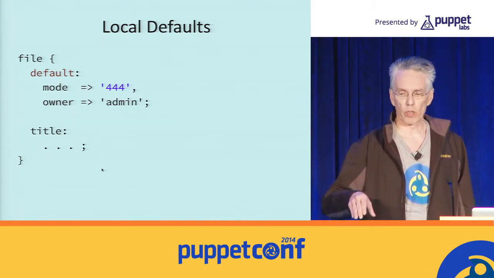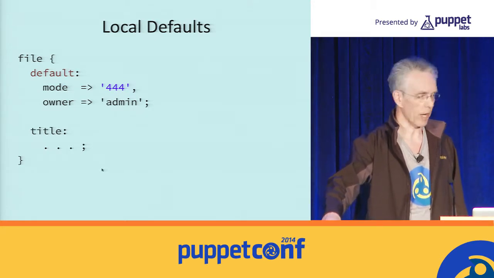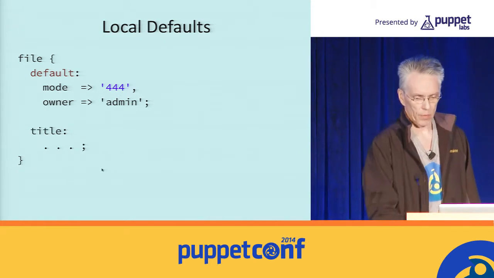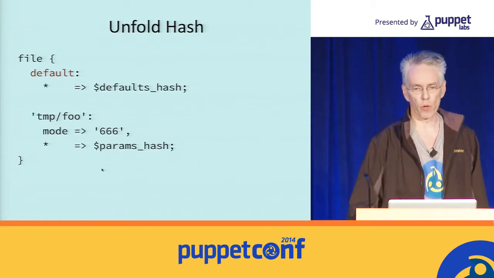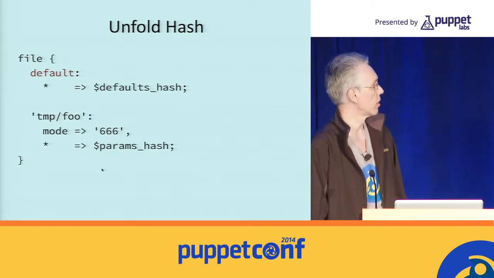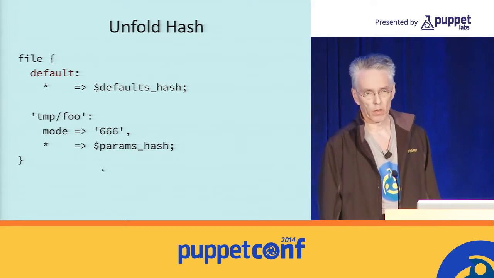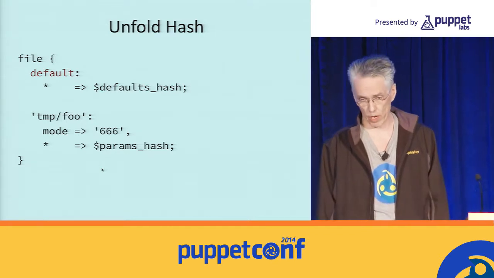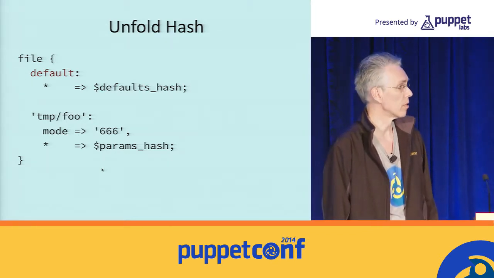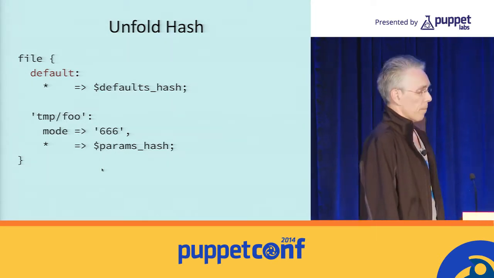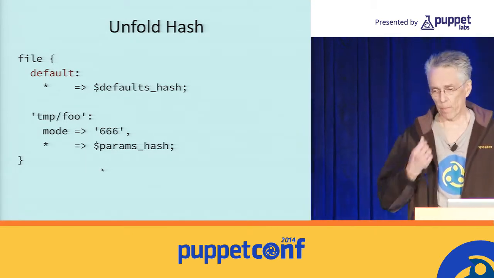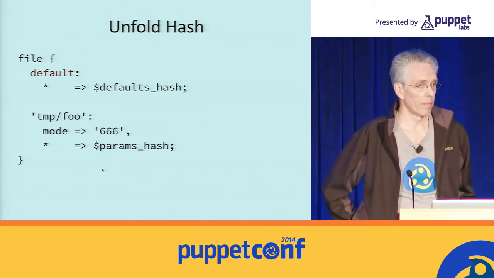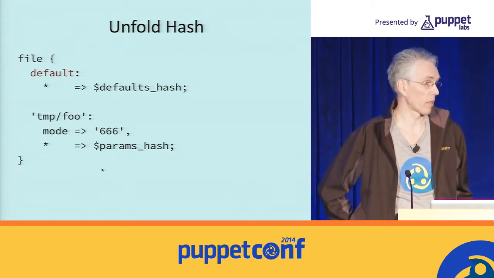Now, if this was the only thing we did, you'd go crazy because you had to spell out mode, owner, this, that, and so on. We have another feature, and that is you can now do unfold of a hash inside of the resource declaration. You can use that for the default, or you can use that for other resource bodies. So we ended up with this syntax where instead of the attribute name, you can give a star, and the star means like a wildcard.